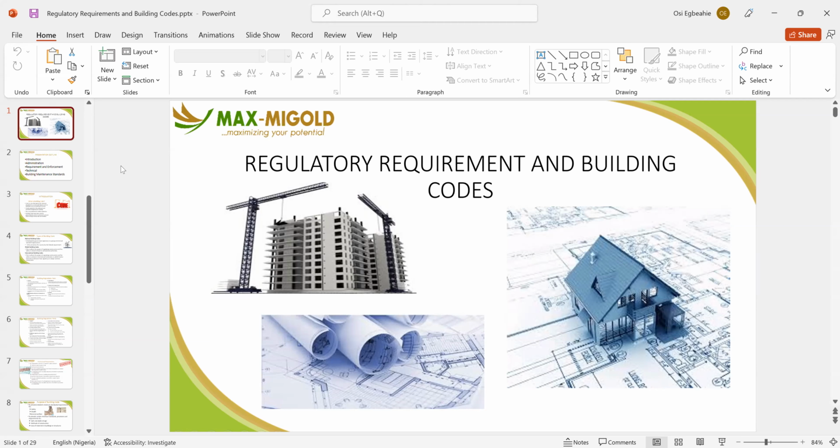We shall be looking at regulatory requirements and building codes. Now, every country has its form of rules.